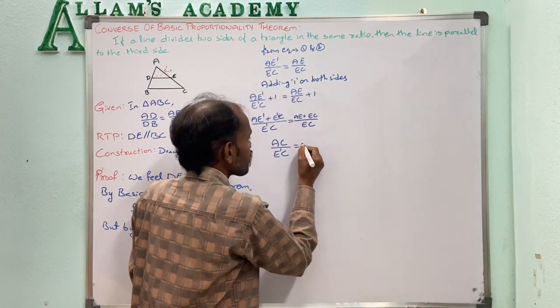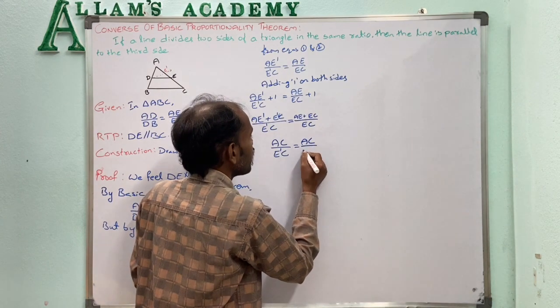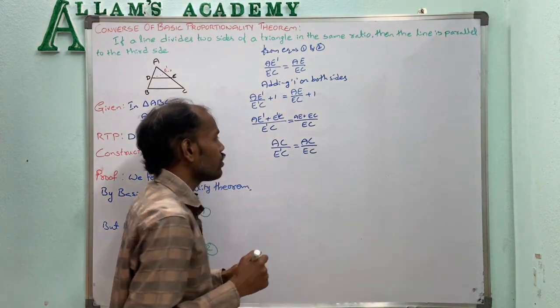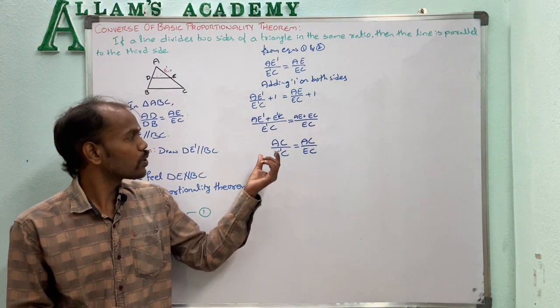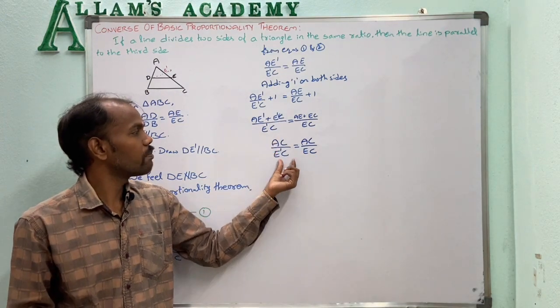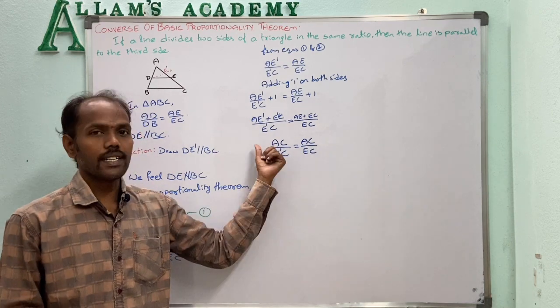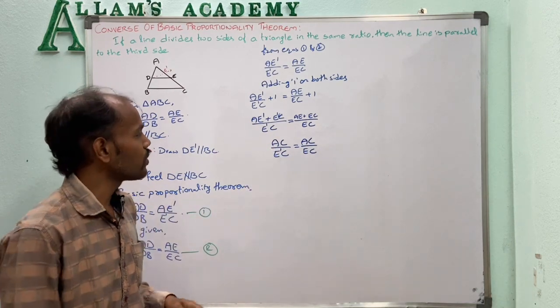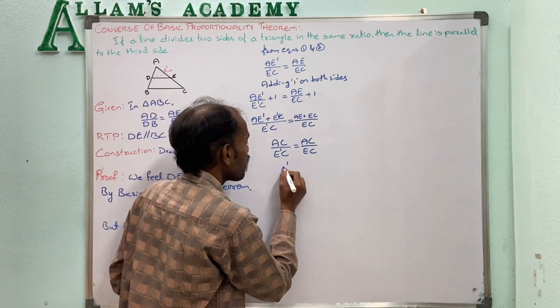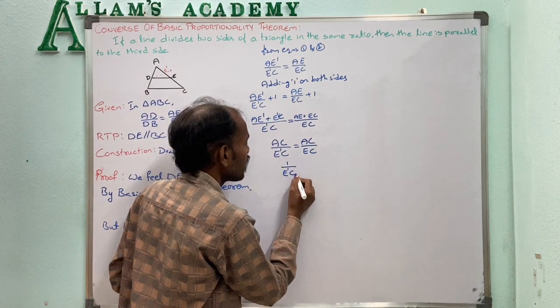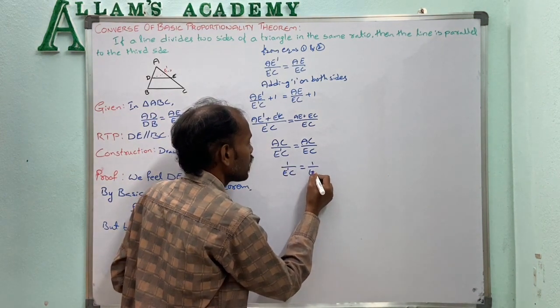So that is also AC by EC. Now if we observe both fractions, AC by E dash C and AC by EC, both numerators are equal. That means if we cancel that, 1 by E dash C equal to 1 by EC.